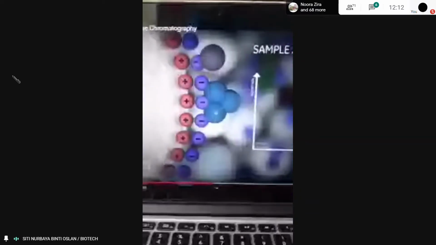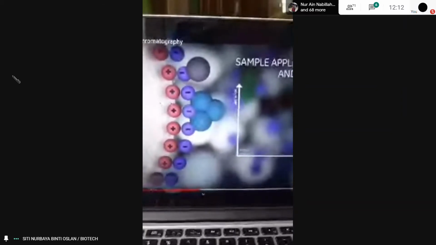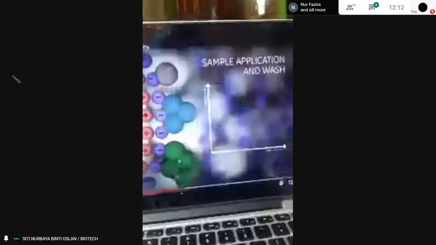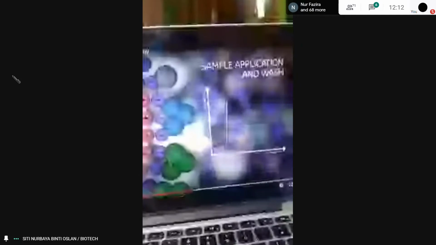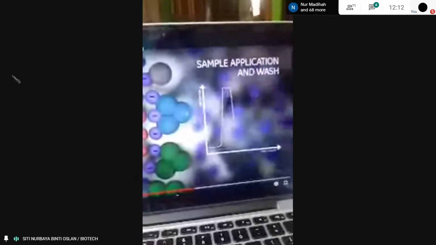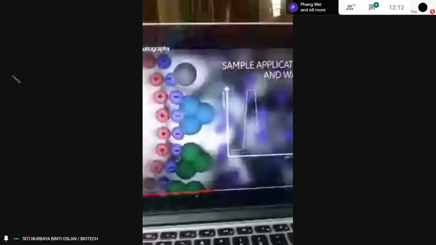So we go back to this. For example, protein number 1 is negatively charged, protein number 2 is also negatively charged, and they will bind to this matrix because the matrix is positively charged. Then you can see the protein trapped on this. Why is there a peak here if the protein is attracted to the matrix?